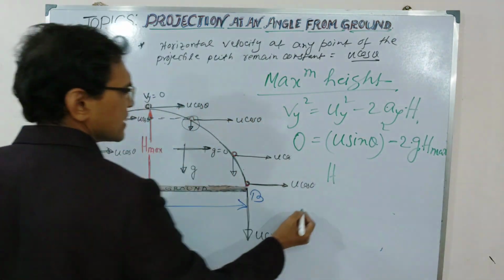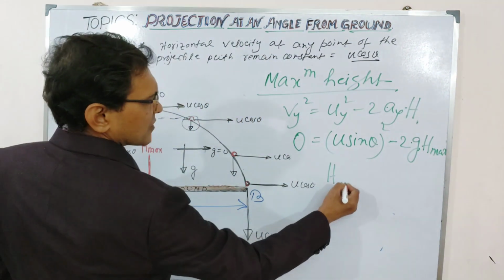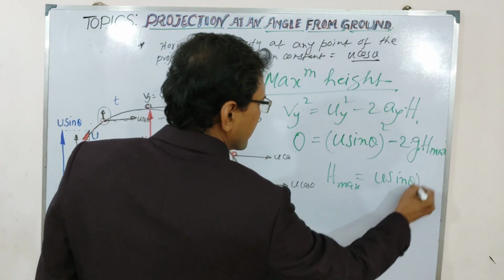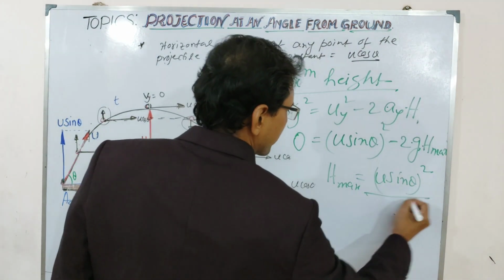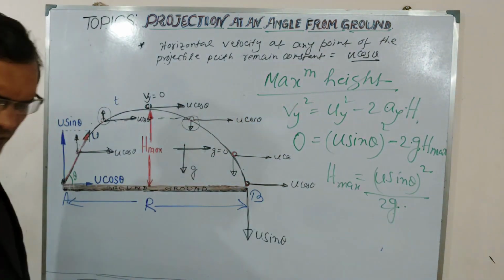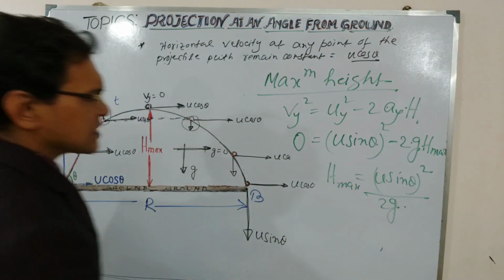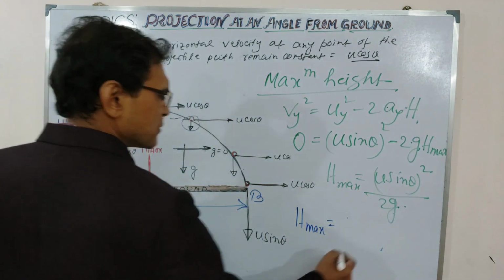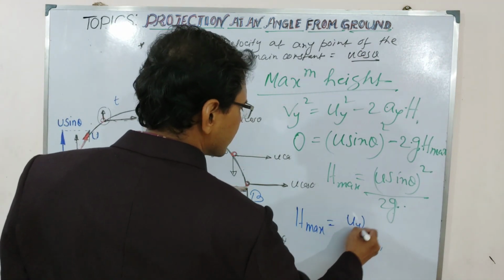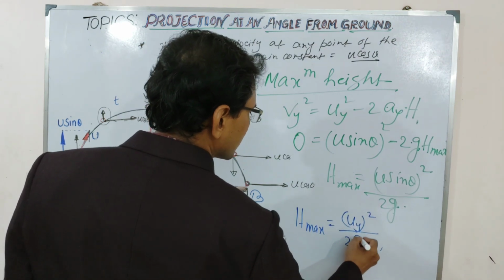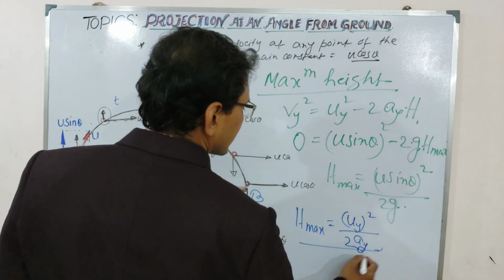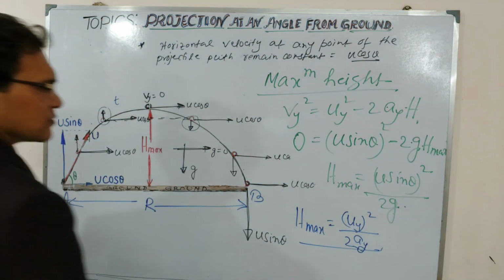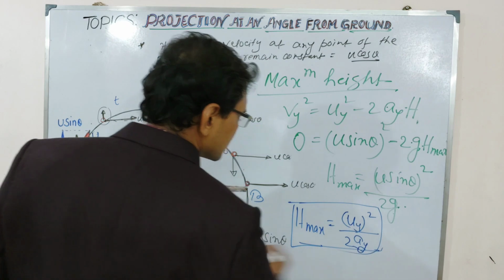So h maximum can be written as u sin theta, that means uy, whole square by 2ay.